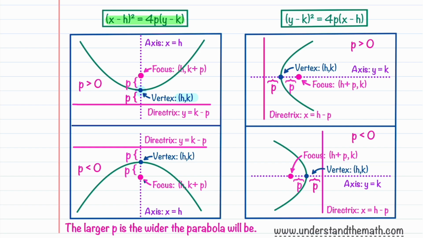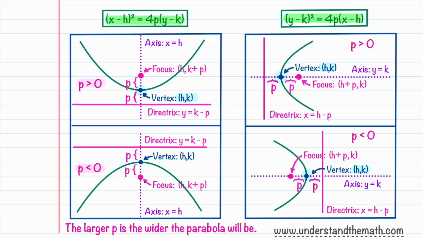When the parabola opens upward, p is greater than 0, and when the parabola opens downward, p is less than 0. In a similar way, if you have a parabola that opens to the right or to the left, it can be described by this equation, where the vertex is again h, k.